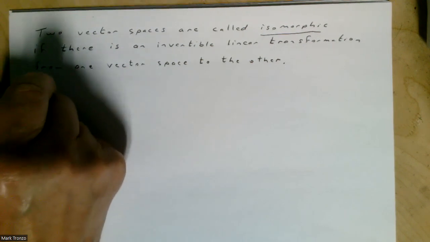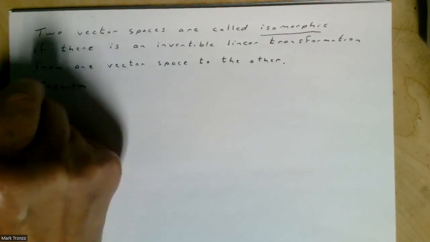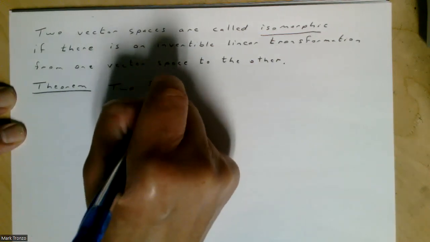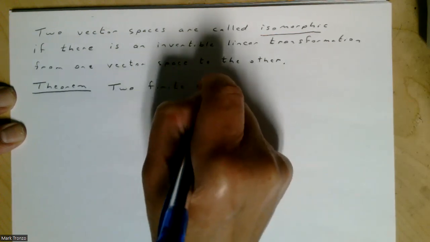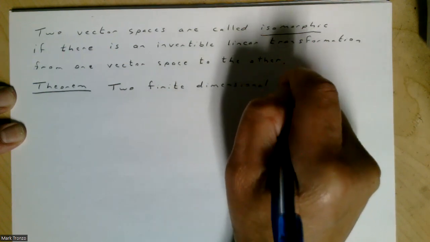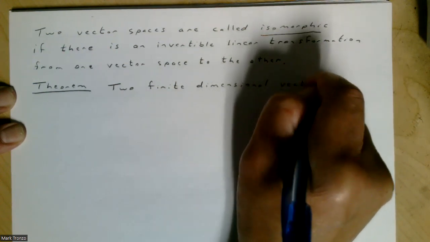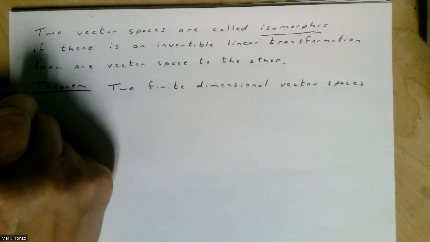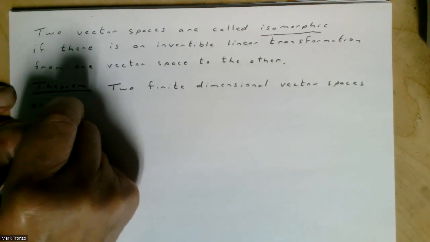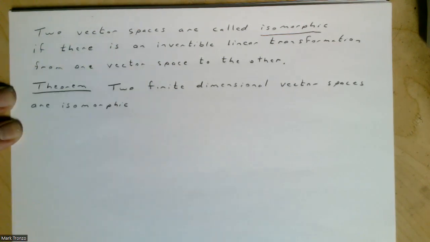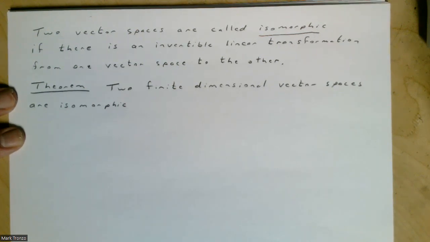And here's now a theorem. This seems to be a fairly far-reaching theorem. Two finite dimensional vector spaces are isomorphic. Once again, from what we just said, that means that there's an invertible linear transformation between the two of them.